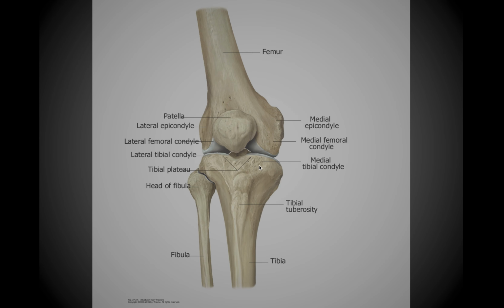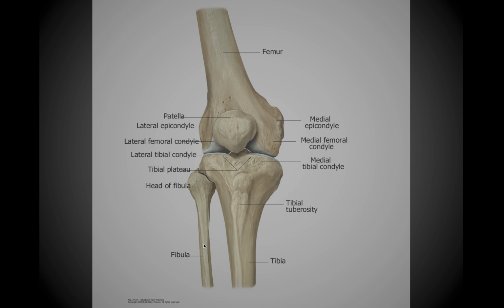Then looking at the tibia, remember that we have the tibial plateau, which is the smoothened out area on top of the tibia, where we also have our tibial condyles, which are also covered over by articular cartilage. Looking more inferiorly, you can appreciate the tibial tuberosity, which forms an apophysis in a child.